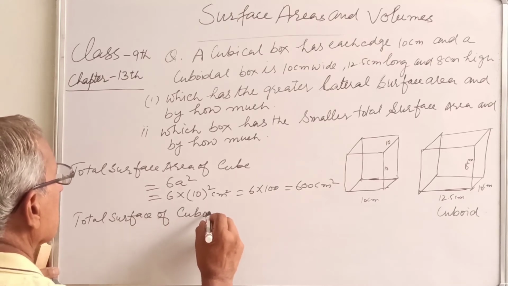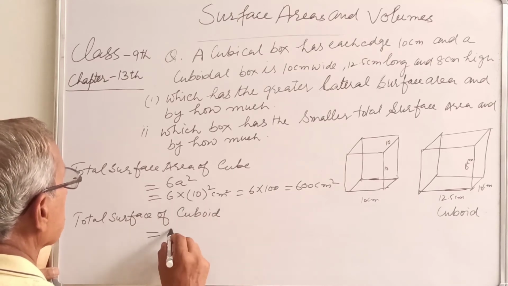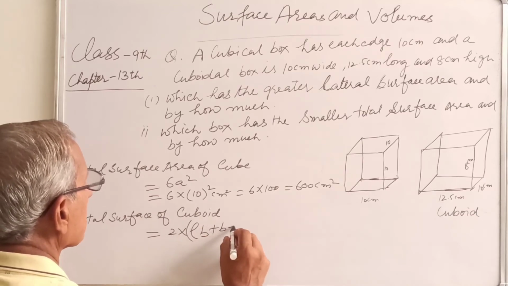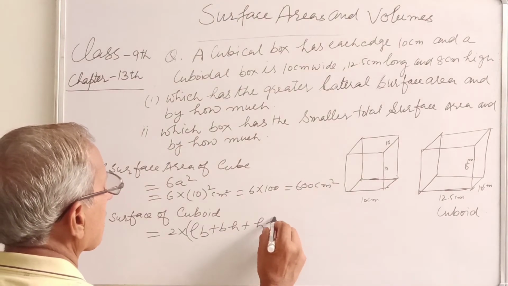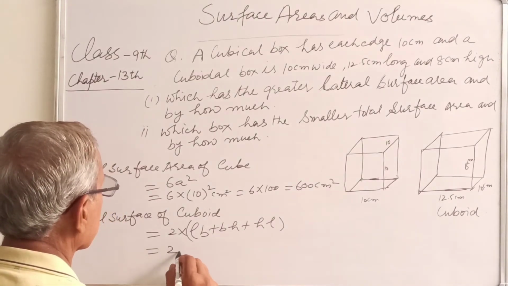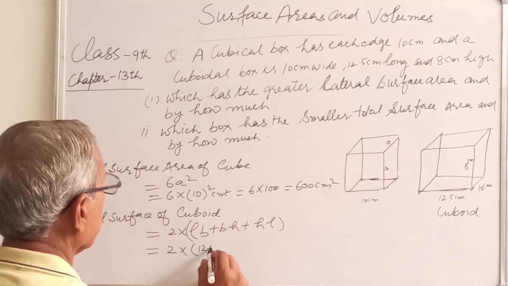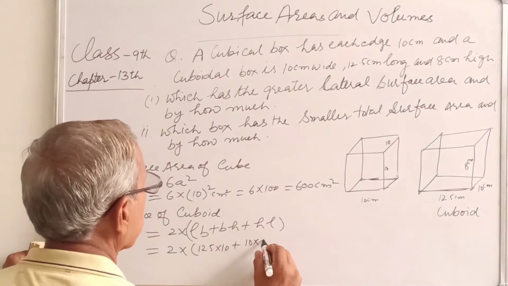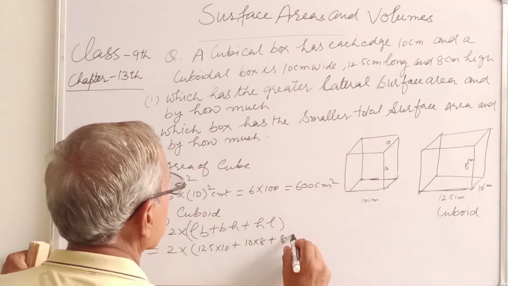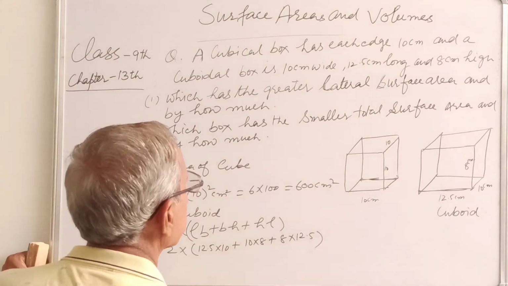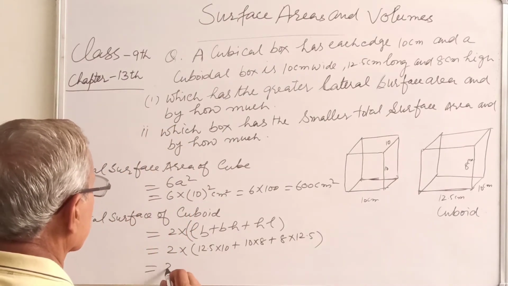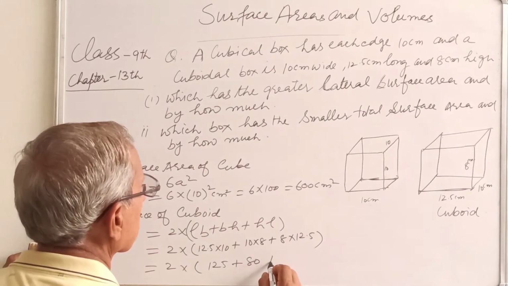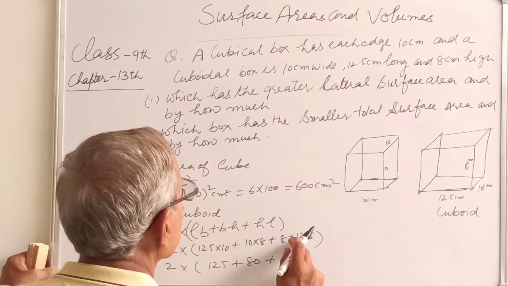cuboid is 2 into LB plus BH plus HL. 12.5 multiplied by 10, 10 multiplied by 8 plus 8 multiplied by 12.5, 125 plus 80 plus 100.